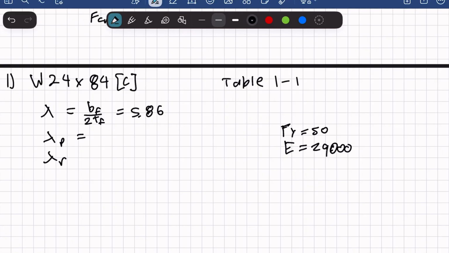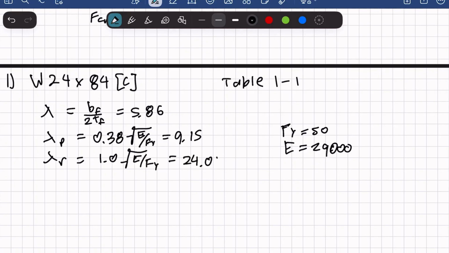So you're going to get the same thing every time. This equation is 0.38 root E over Fy, which is 9.15, and lambda r is 1.0 root E over Fy, which is 24.08.